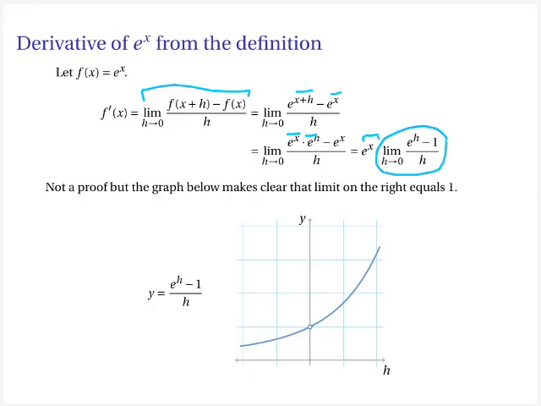Now I'm not going to go through a proof that that limit equals 1, but I got the computer to draw a graph of e to the h minus 1 over h. Absolutely, a proof is necessary. That's absolutely right.